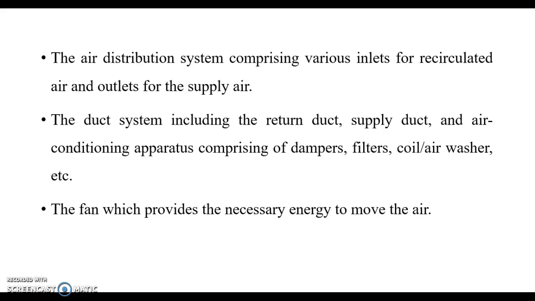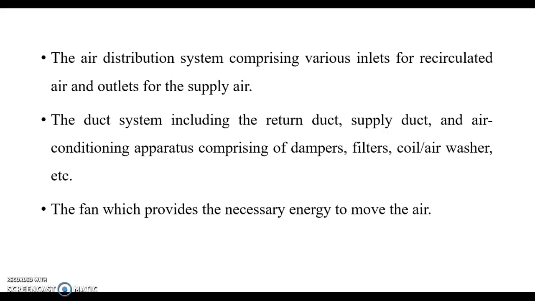The air handling system consists of the air distribution system, the duct system, and the fan. The air distribution system comprises inlets and outlets: the various inlets for recirculated air, outlets for supply air.